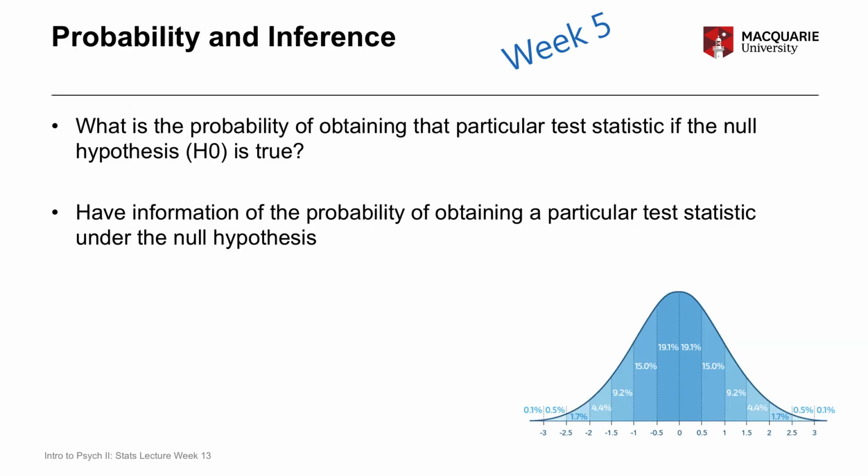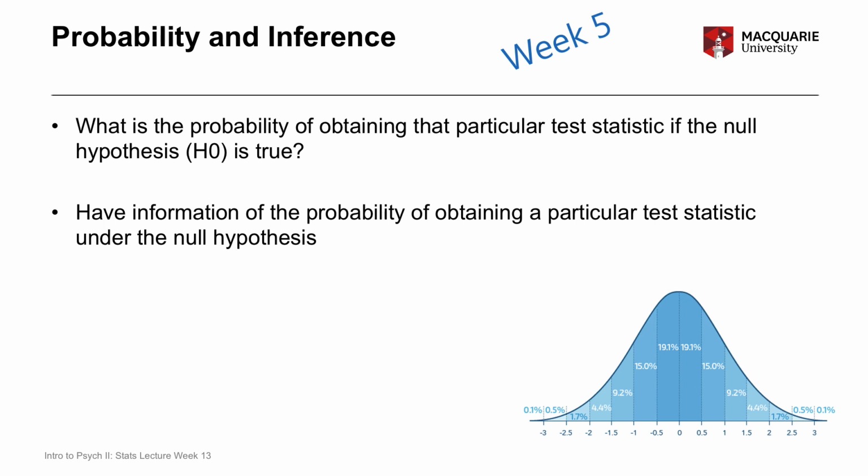And then extending on that, we moved on to talking about the normal distribution and using very fancy mathematical theory, statistical theory, that tells us that if we have a certain kind of test statistic, we can actually know how likely it is that that particular value could occur if the null hypothesis is true.